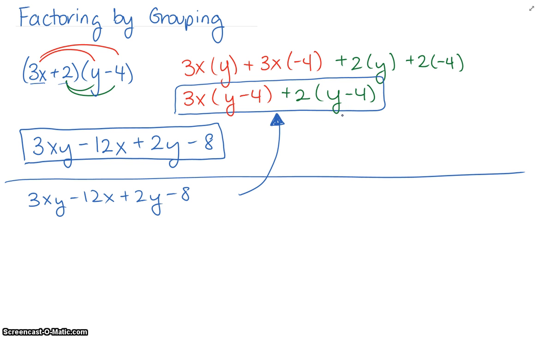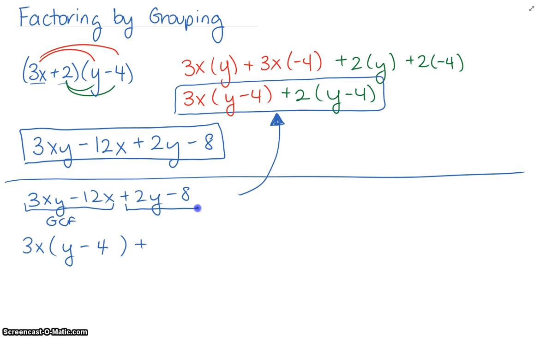So if you look at two terms, we can find the greatest common factor of these two terms. The greatest common factor of 3xy and negative 12x is going to be 3x. When we factor it out, you then get y minus 4. So we're getting to this format that we want up here at the top.